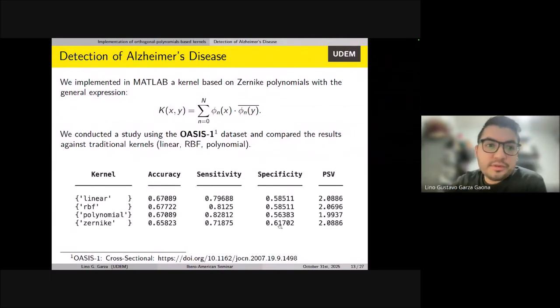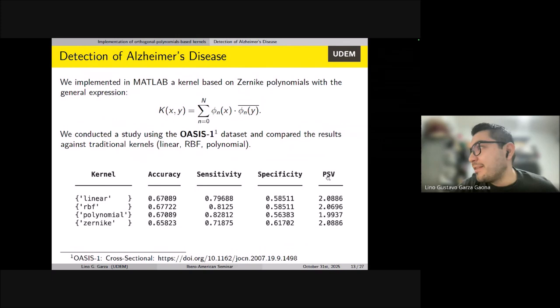This can be useful depending on your classification, because you may want the best classification for negatives, since it's better to make a mistake here than to make a mistake through a false positive.